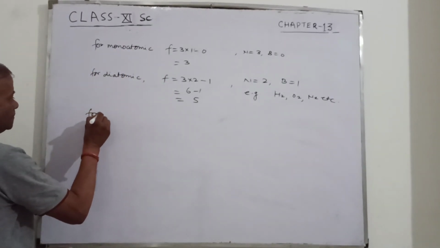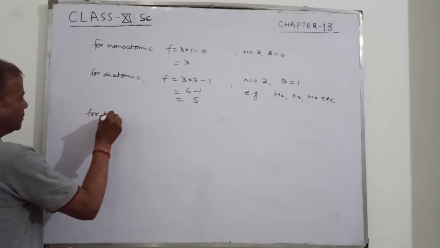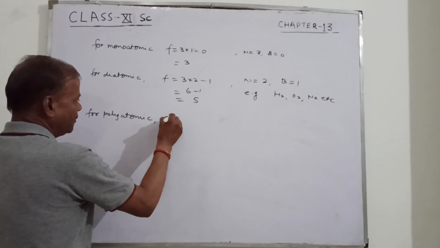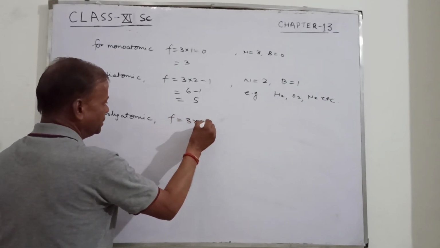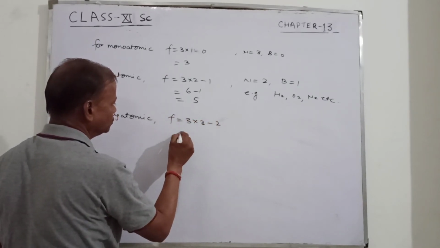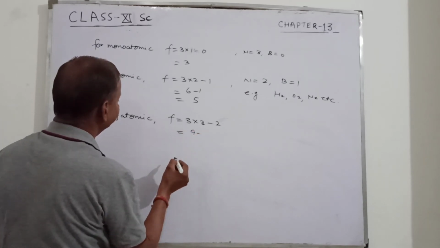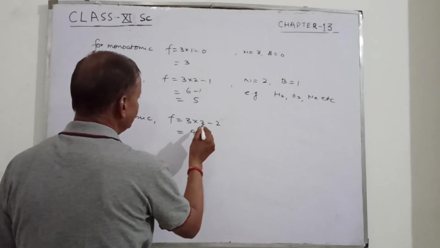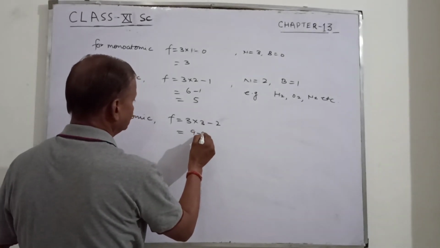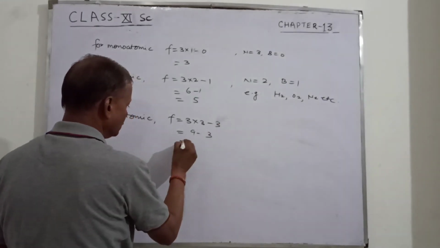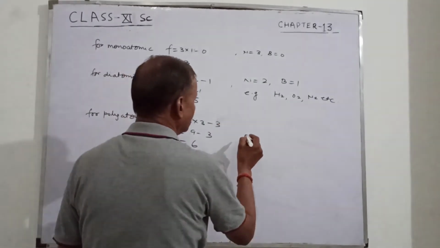For polyatomic, F equal to 3 into 3 minus 3, so this is your 9 minus 3, this is now 6.